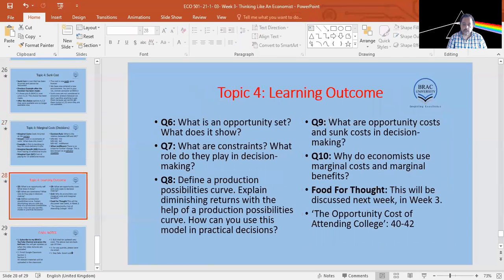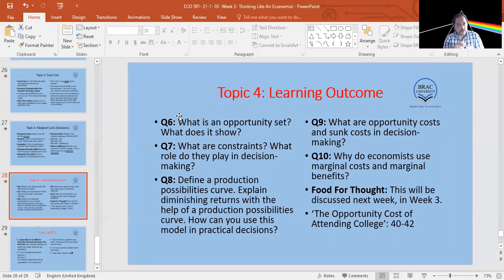Now, the learning outcome of this particular topic was, ask yourself this question: what is an opportunity set? What does it show? The moment we frame the question this way, that what it shows, we are also wanting to know what it doesn't show. What were the constraints in our model for the household and for the economy? What happens if they change?